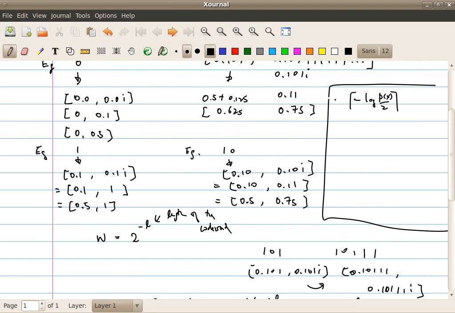So therefore it's bounded by minus log Px over 2 plus 1, which is bounded by minus log Px plus 2. So the expected length is the expected value of minus log Px plus 2, which is equal to H plus 2.